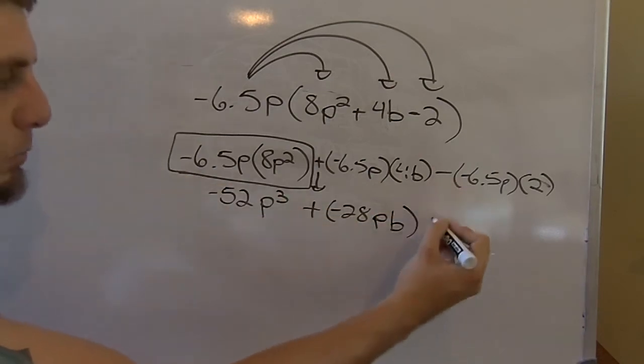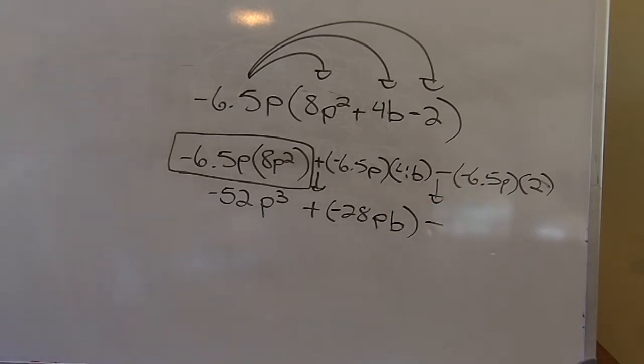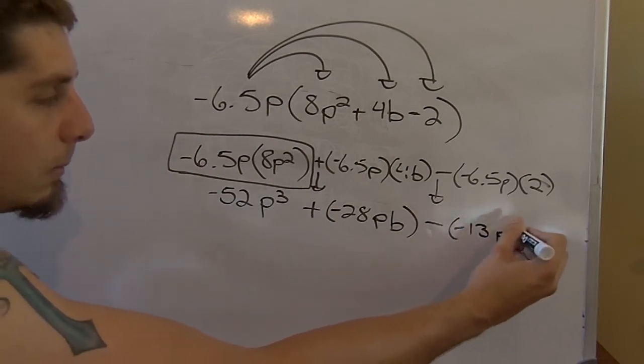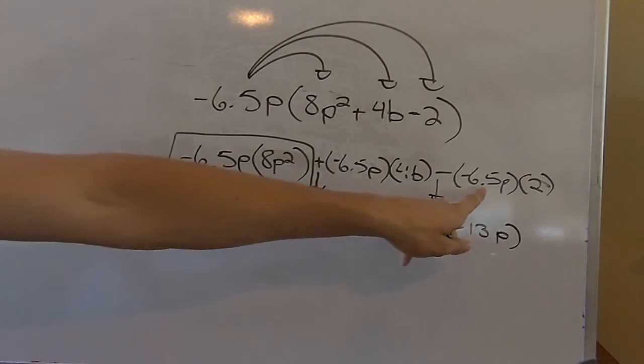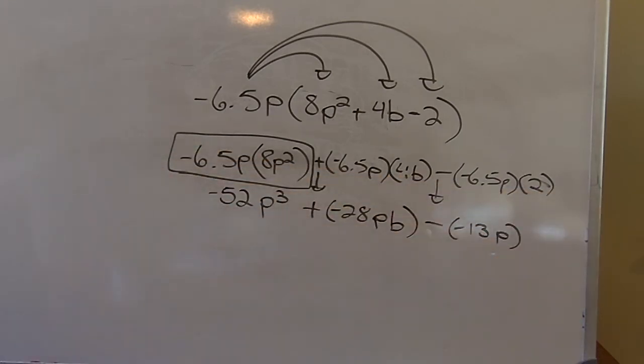Finally, I'm going to drop my subtraction sign down. And I'm going to have negative 6.5p times 2. There's nothing to multiply my p by, so I'm just going to do the negative 6.5 times 2, which is negative 13, times p is negative 13p.